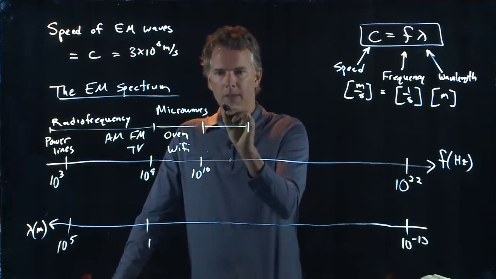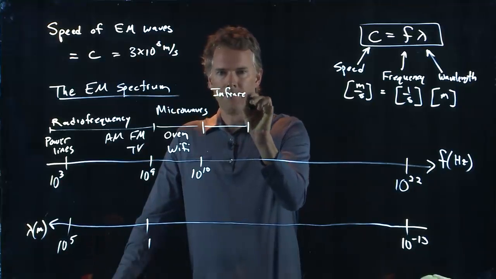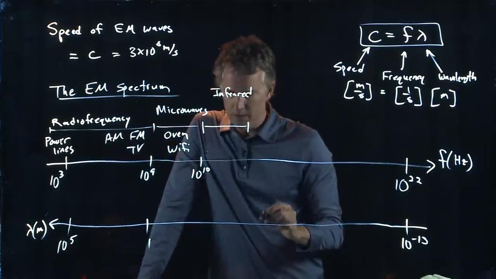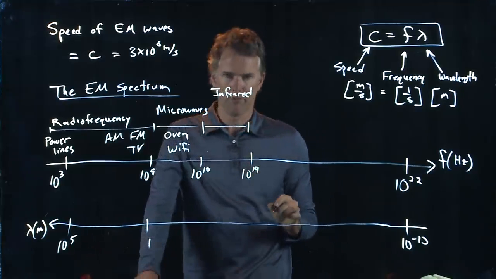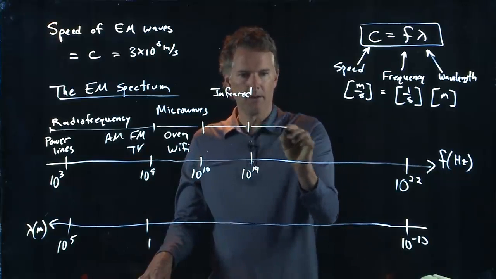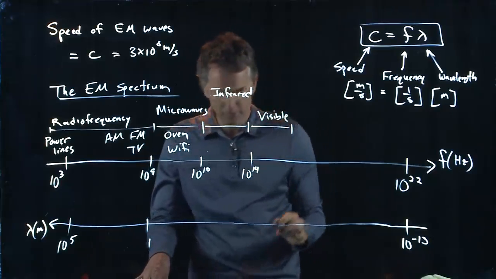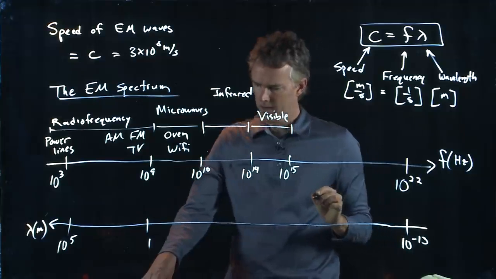After that, we get infrared. Okay. Infrared goes up to about 10 to the 13, 10 to the 14, somewhere in there. And then after infrared, we get to visible. And visible goes from 10 to the 14 up to about 10 to the 15.